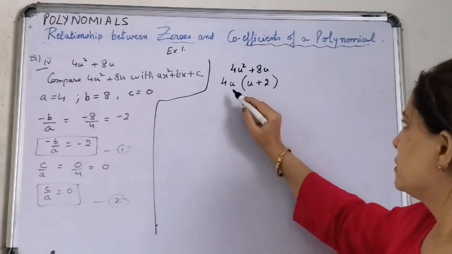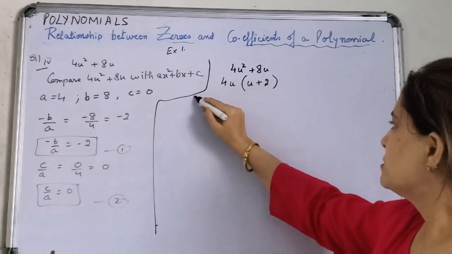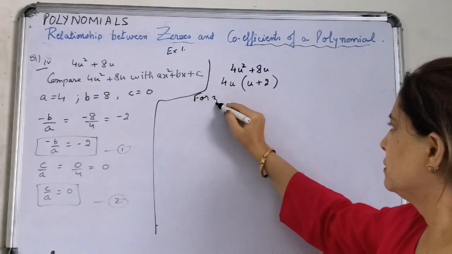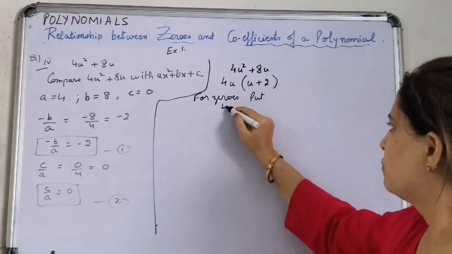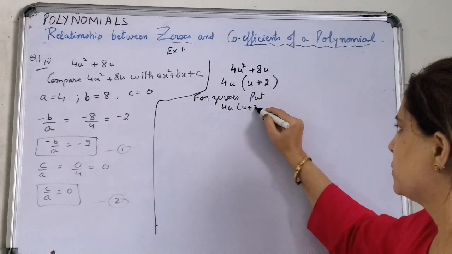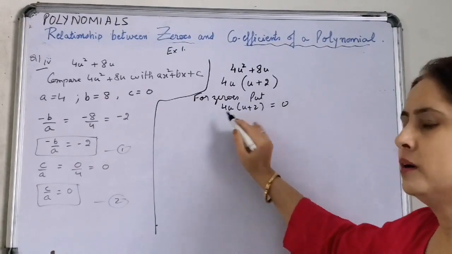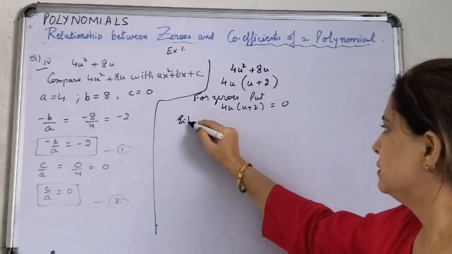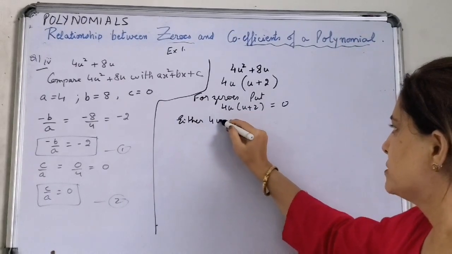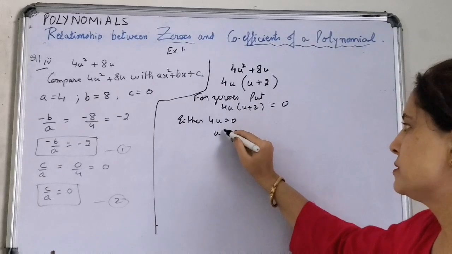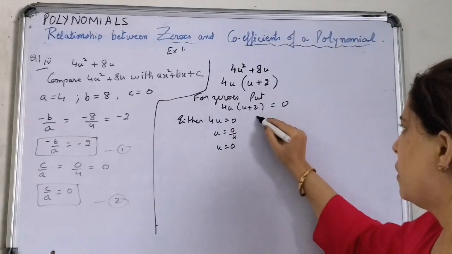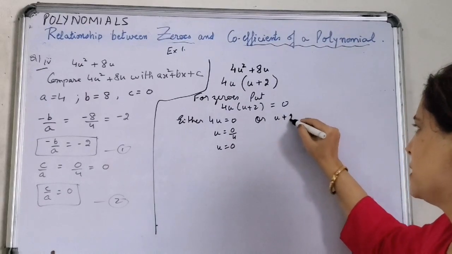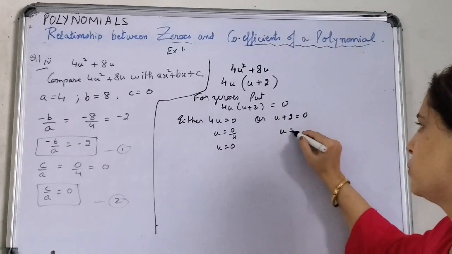Now for zeros, put 4u into u plus 2 equal to 0. So either 4u is equal to 0, it means u is equal to 0 upon 4, u is 0, or u plus 2 is equal to 0, that is u is equal to minus 2. These are the two zeros.